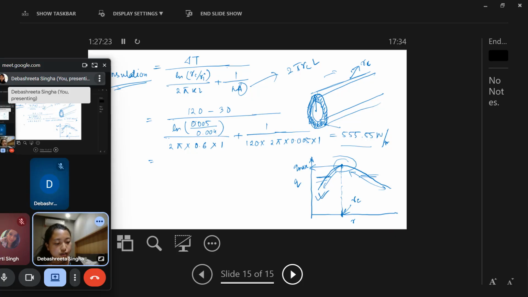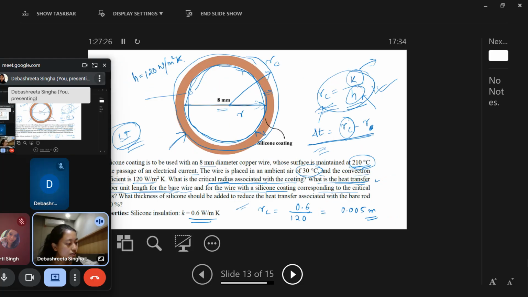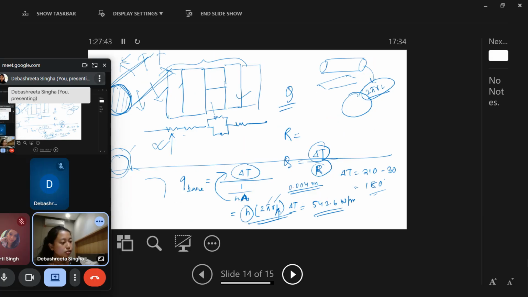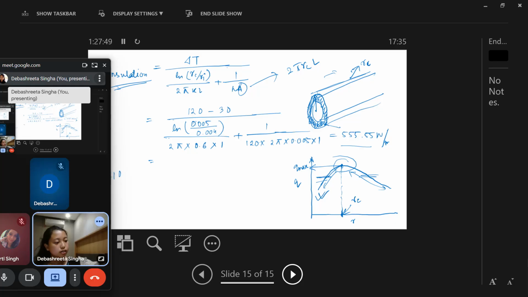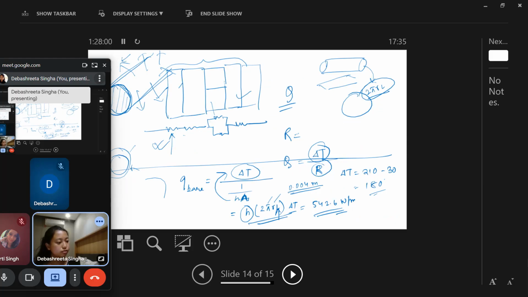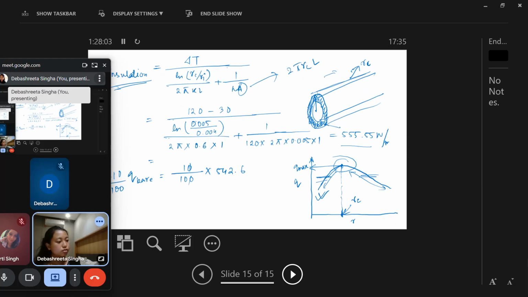Okay, now this is what they have asked. We have found out already the heat transfer rate for bare wire and for coated wire. Another question is what thickness of silicone should be added to reduce the heat transfer associated with the bare rod by 10%. So for the bare rod, the Q was this much. 10% less means 10% of Q bare is equal to 54.26.